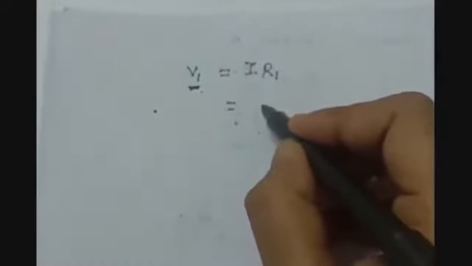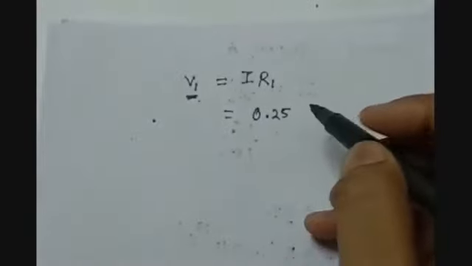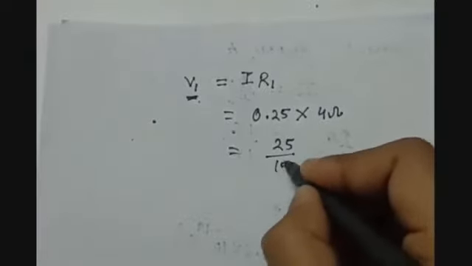I is having a value 0.25 ampere, and R1 is 4 ohm. So if we calculate it, this value comes out to be 1 volt.